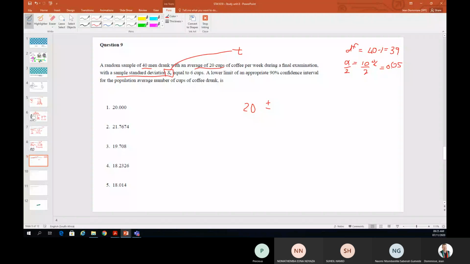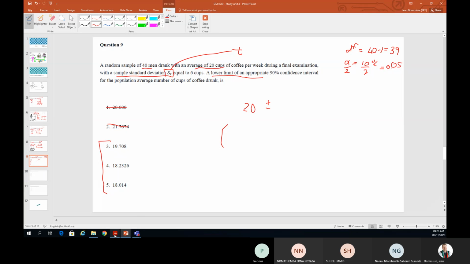A random sample of 40, with that, a lower confidence. So we need to basically just find the lower confidence. Okay, it will be less than 20. That is probably an upper. So we have eliminated two of them, and it can only be one of the options 3, 4, or 5.